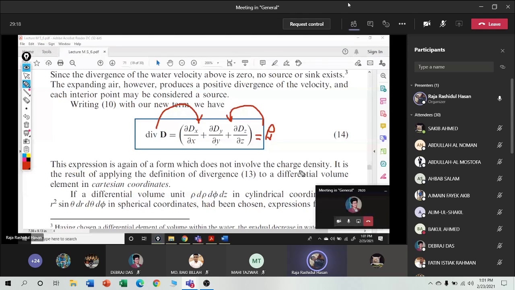Divergence of d is equal to rho v. Done?